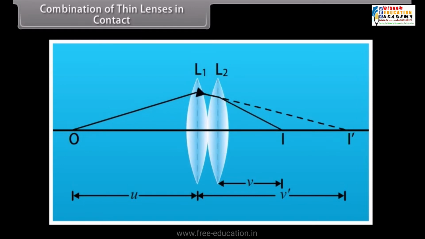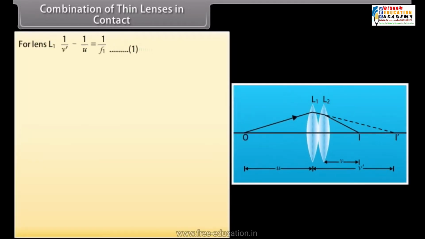That is, I is the image formed by the first lens, L1 alone. If v' is the distance of image I' from the lens L1, then for lens L1, 1/v' minus 1/u is equal to 1/f1. Name it as equation 1.